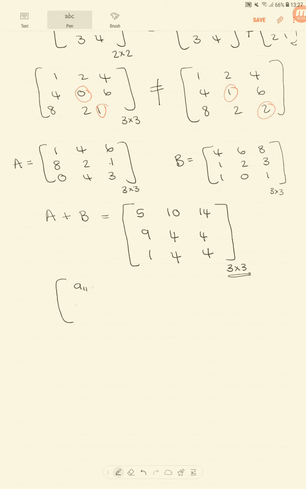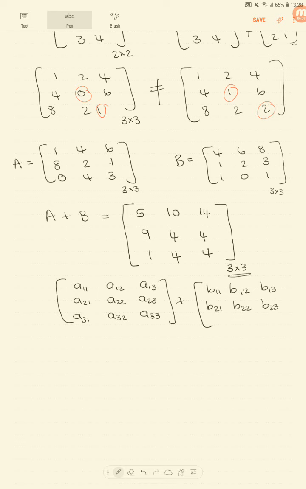So if we have A11, A12, A13, A21, A22, A23, A31, A32, A33, plus, for example, B11, B12, B13, B21, B22, B23, B31, B32, B33.